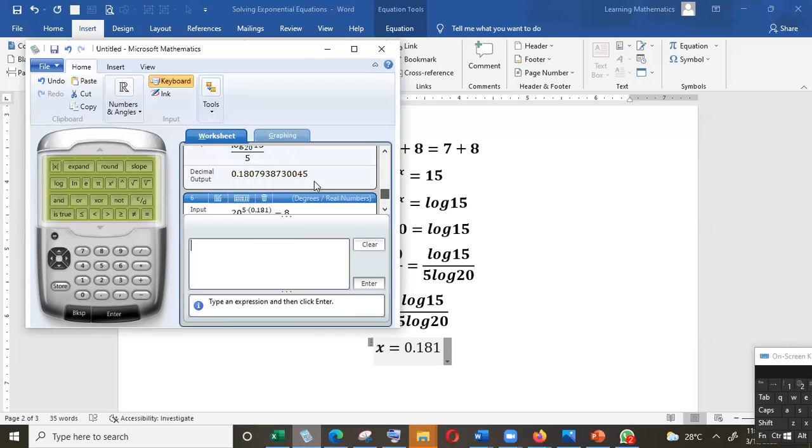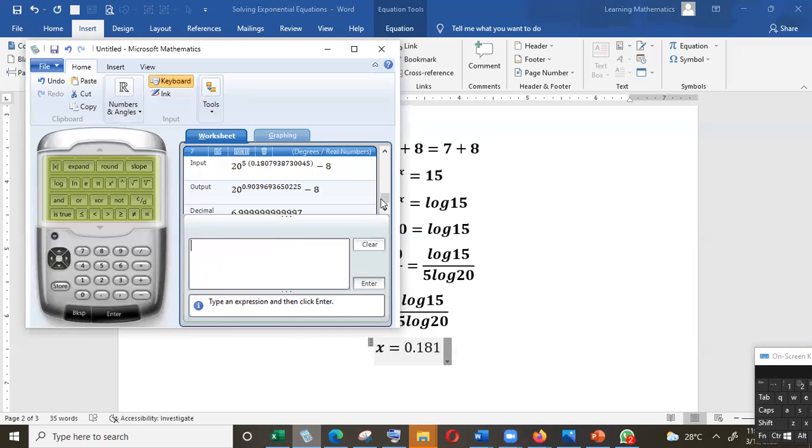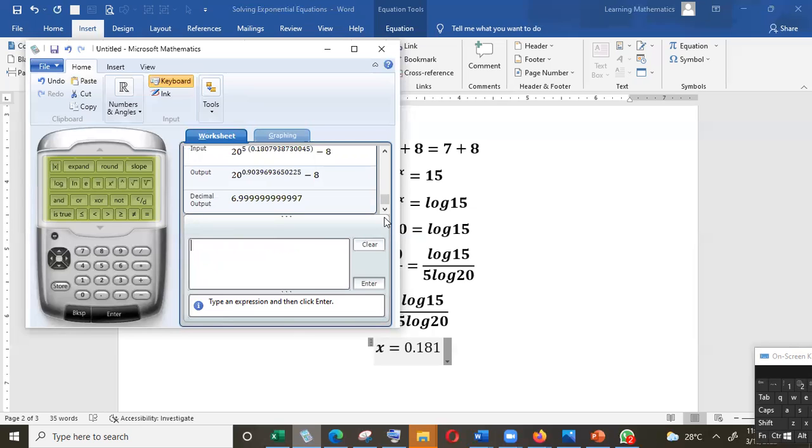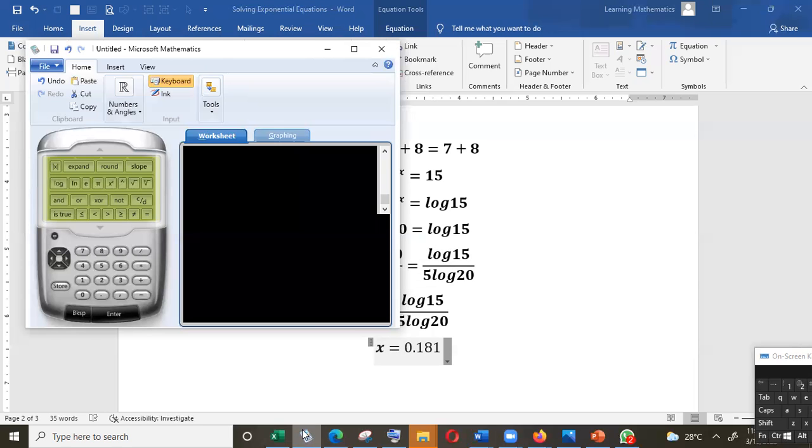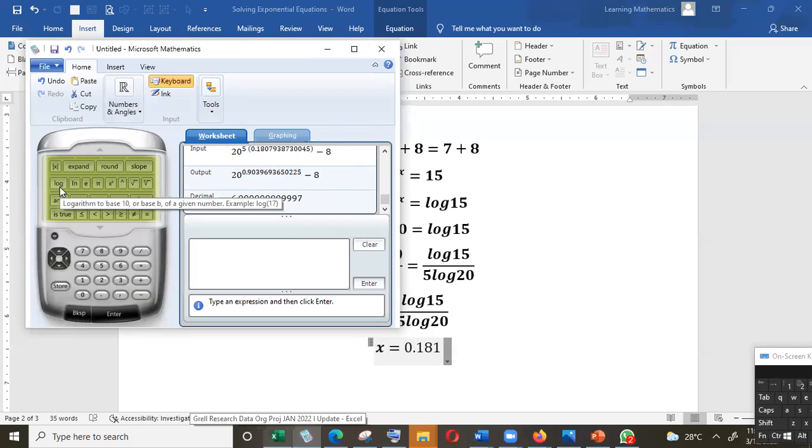I put 0.181, so I rounded up, which is why it's a little bit above. If I put in the entire solution, we should get 6.999. So you can prove your answer to make sure. It's a good thing that we proved our answer. Typing LOG in this calculator does not work; we have to actually click on the LOG function.